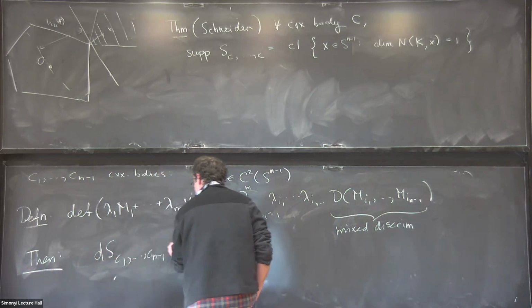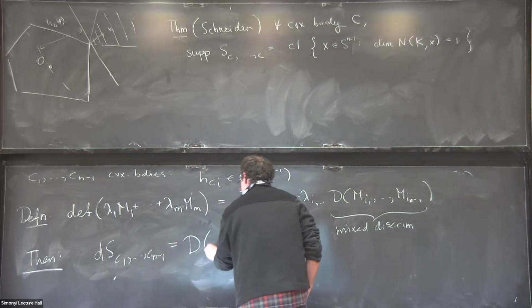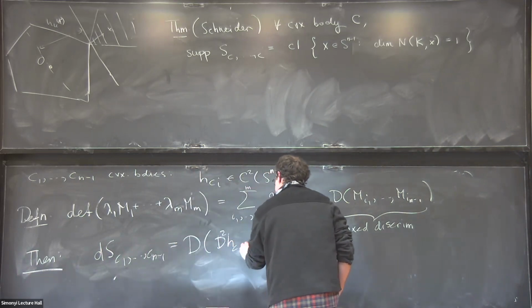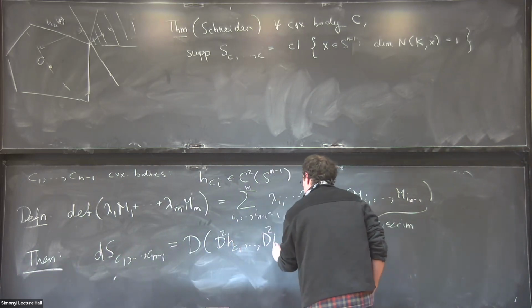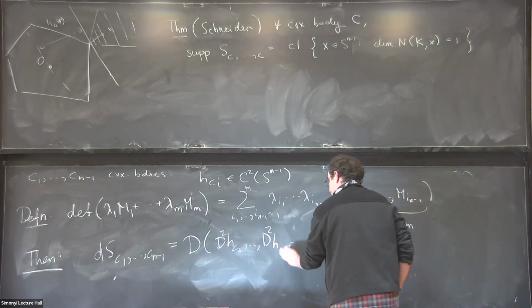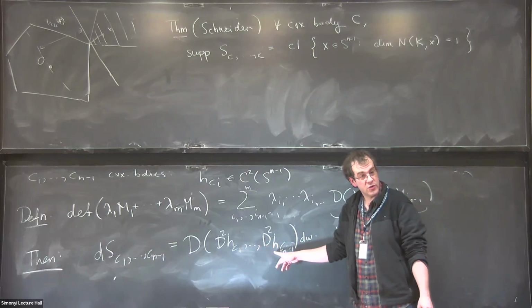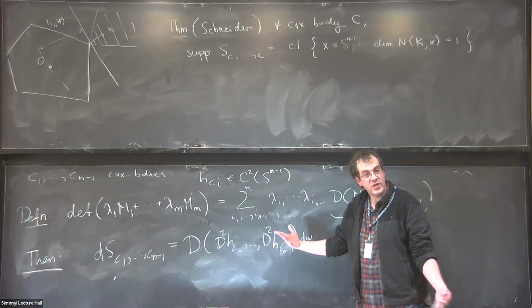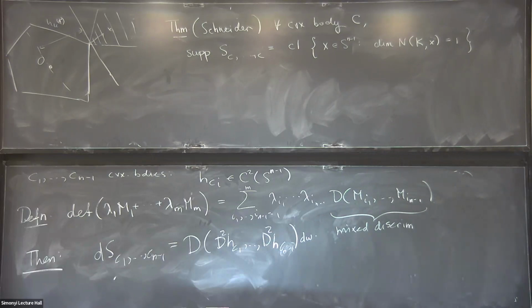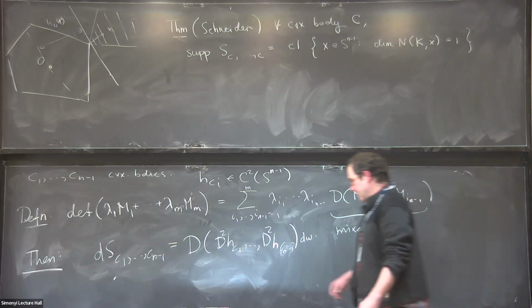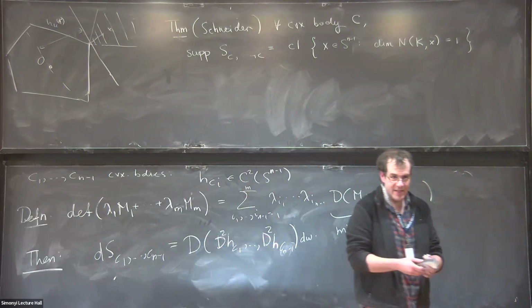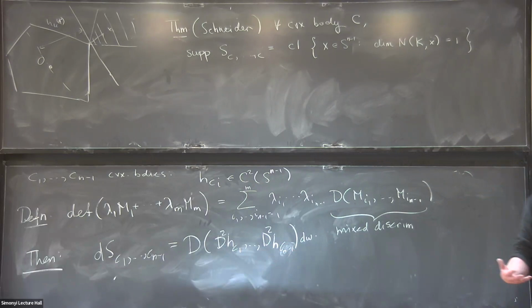In this case, it's again absolutely continuous, and its density is the mixed discriminant of the Hessians of the n-1 support functions of the convex bodies. So it's the polarization of the density of this object called the area measure. If you want, you can think of this as the nth variation of the volume, some very high order variation.